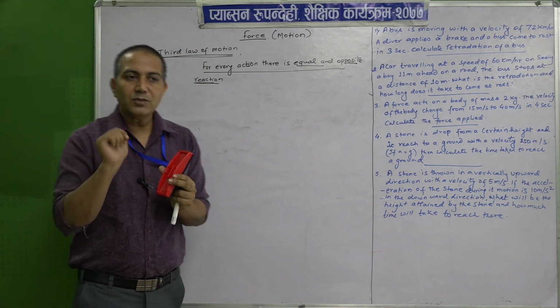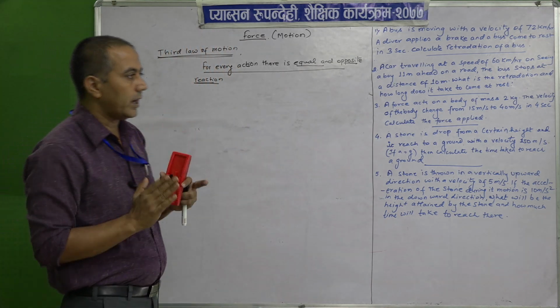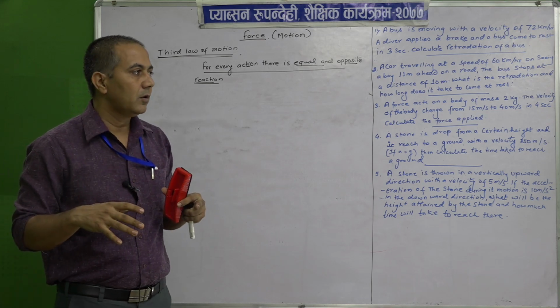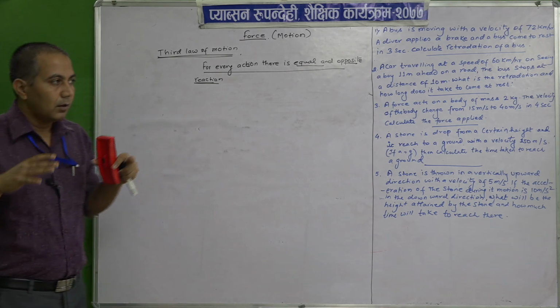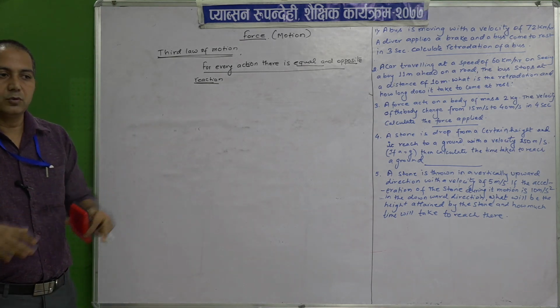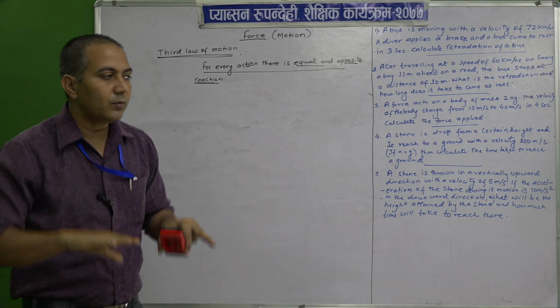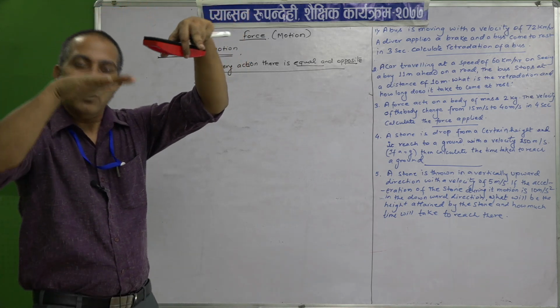Next, while a rocket is flying, the fuel burns and the force is directed downward. When the fuel burns downward, it forces the rocket in the upward direction. So, what is the action?